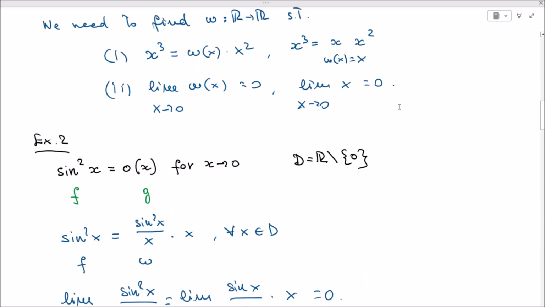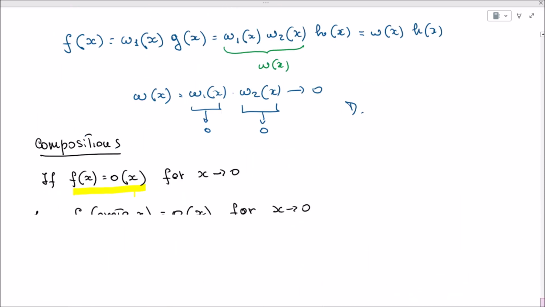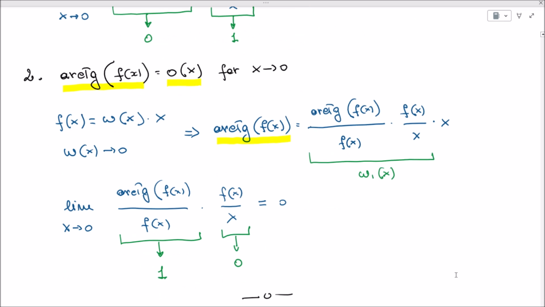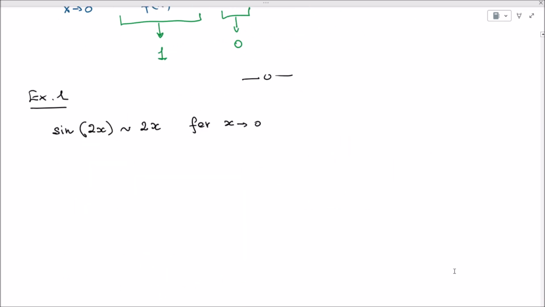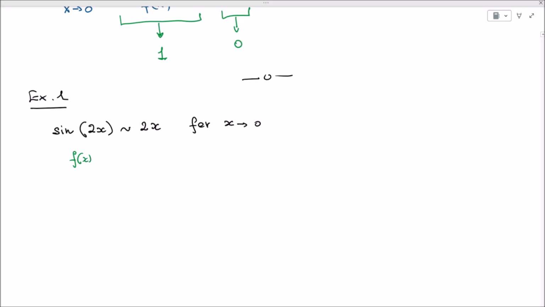Okay, so in our situation we have that f of x, of course, is this sine of 2x, and this is instead g of x.